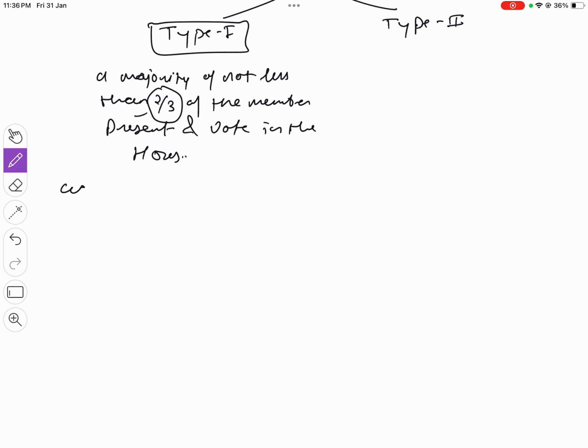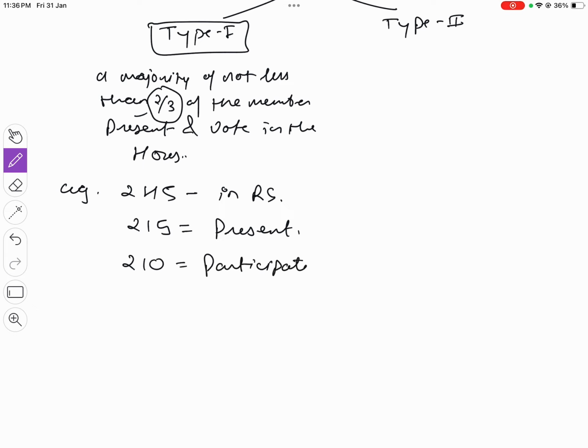For example, suppose that we have 245 members in Rajya Sabha, out of which 215 are present and 5 abstain from voting, then 210 participate in voting. Only 210 participate in voting. Then we have to find two-third of 210, and the number will come 140 or more.